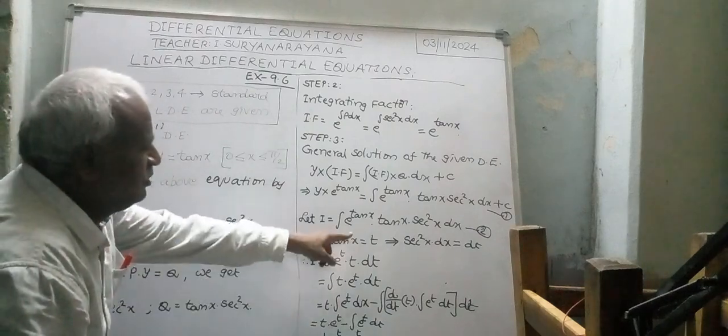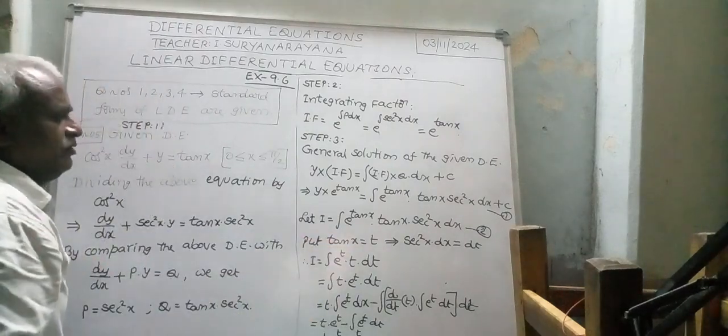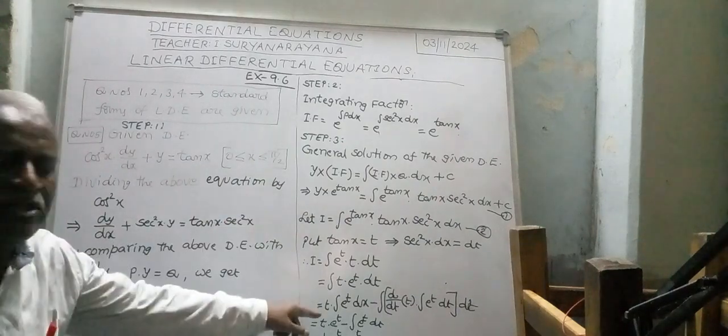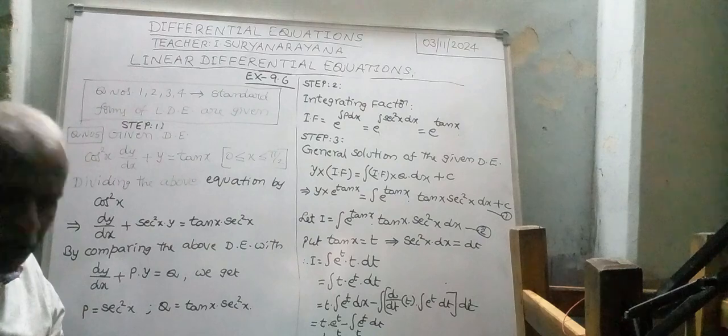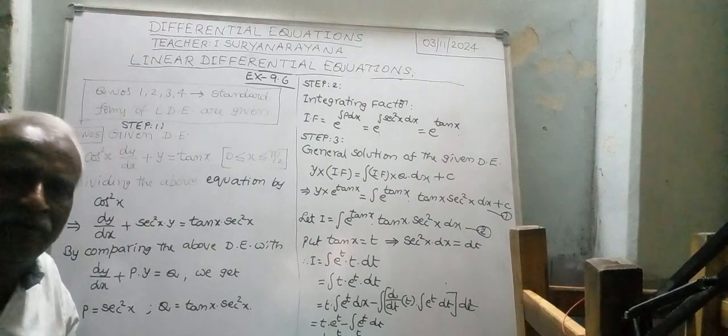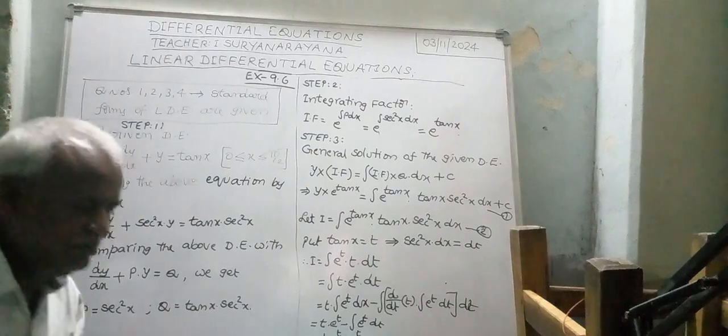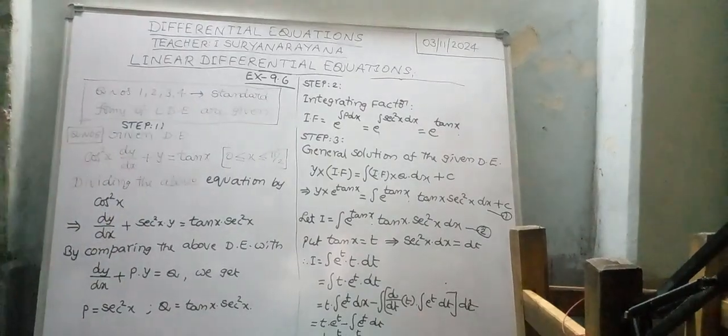Again we substitute tan x in the place of t. Then we get the general solution of the given differential equation. Will you do the remaining part of this solution? Will you substitute the t value tan x again? Please take a screenshot. Do the remaining part of this solution, and moreover you try questions 6, 7, 8, 9.